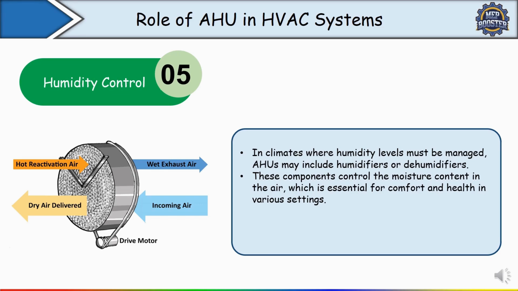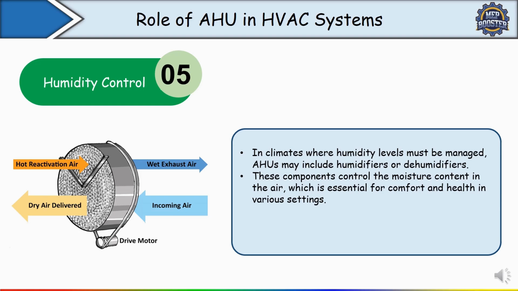All of you know how much humidity level we have to maintain for human comfort. As per ASHRAE, the American Society of Heating, Refrigeration, Air Conditioning Engineers, for human comfort the humidity level which we have to maintain is near about 50%. So that much humidity we have to maintain.